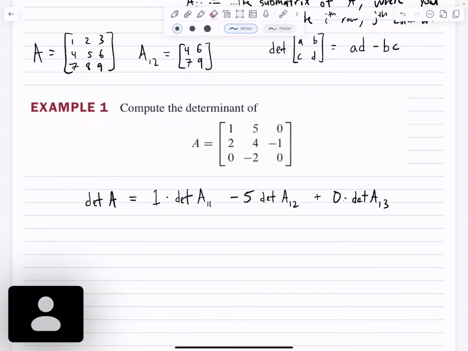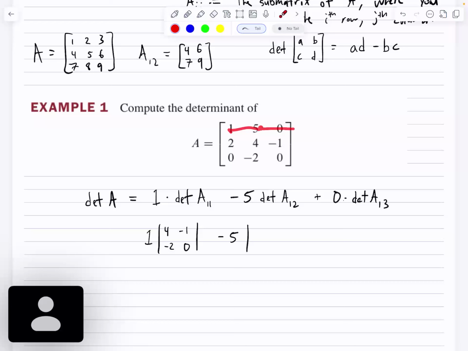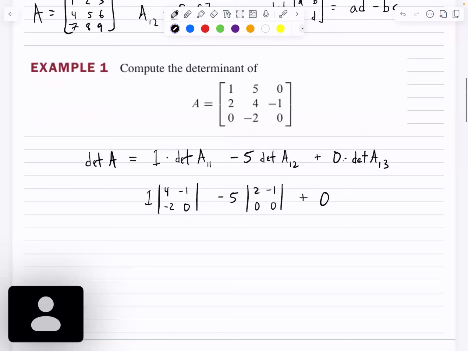The determinant of A11 is when I eliminate that row and column, and generally we write this with absolute value bars. So I'd write 1 times the determinant of 4, -1, -2, 0, then minus 5 times, if I cancel out that column and row, the determinant of 2, 0, -1, 0, and then the last one will just be 0.